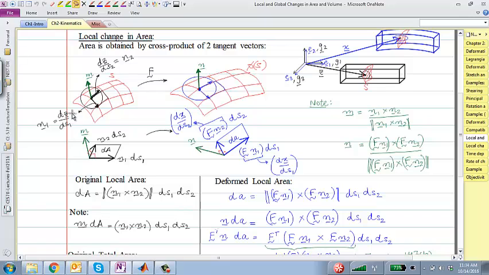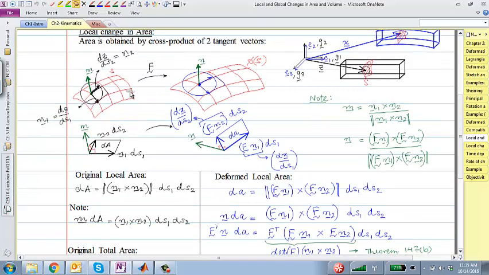For example, for this cylindrical curved surface, the two parameters would be theta and z, which describe the original area, which we know how to calculate. We did that back in homeworks 1 and 2.